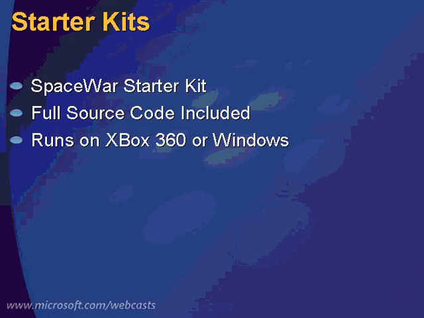So when I launch Game Studio Express and I create a new project, one of the project types is going to be one of these Space War Starter Kits. I can choose that Space War Starter Kit and go ahead and run it immediately, and I'll have a full Xbox 360 or Windows-based game, depending on which one I start.